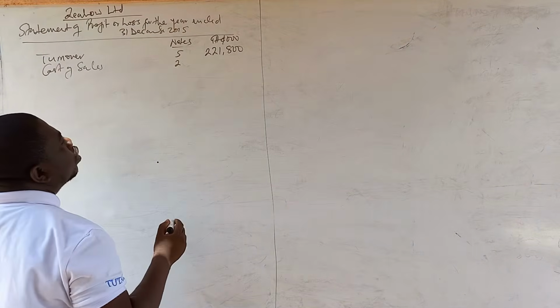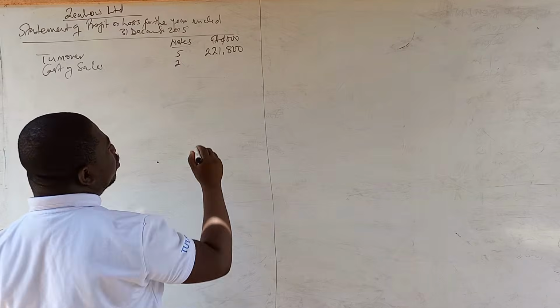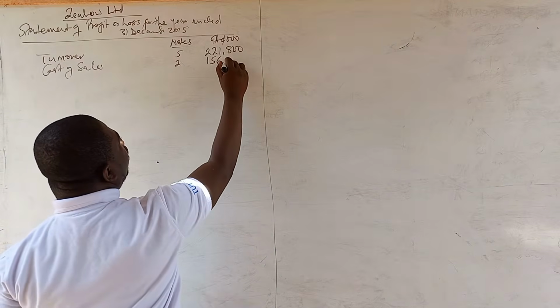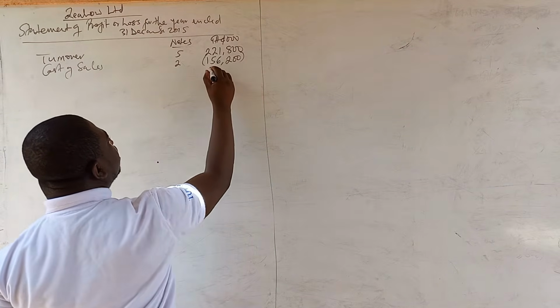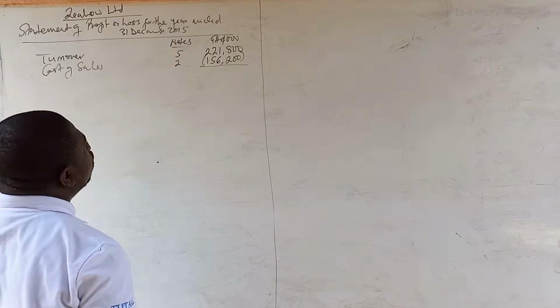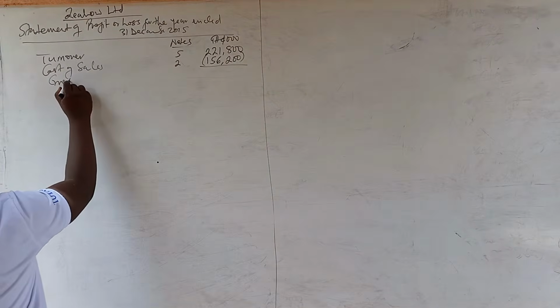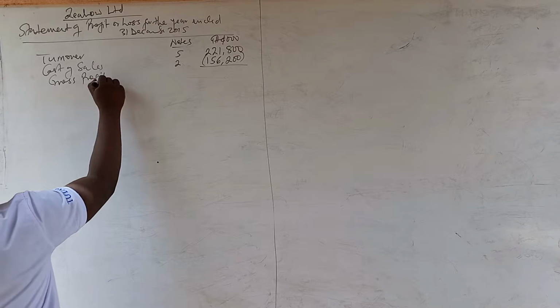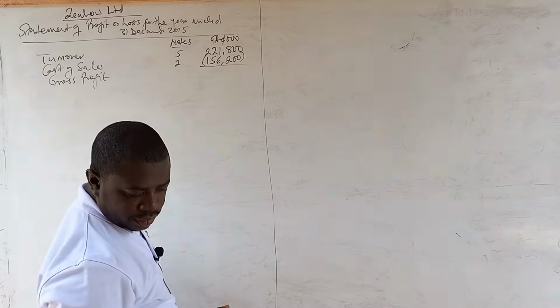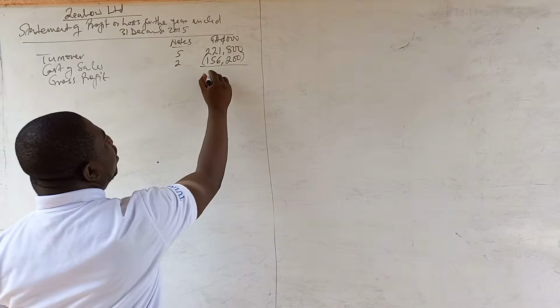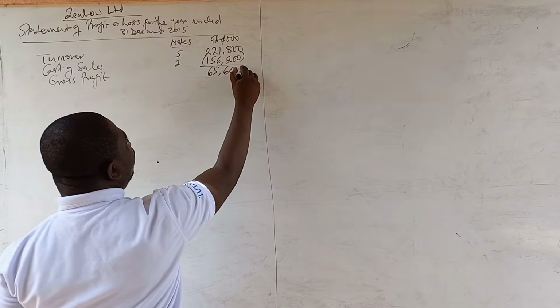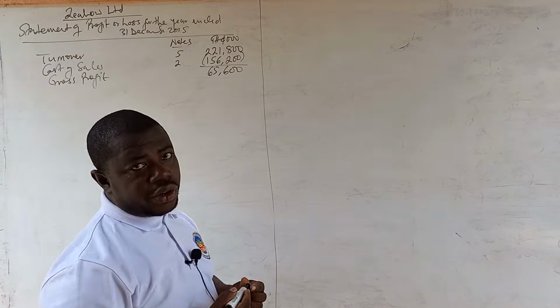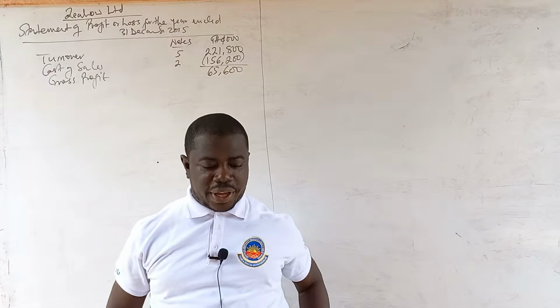So the total cost of sales was 156,200. We put that in brackets. So that gives us a gross profit of 65,600.